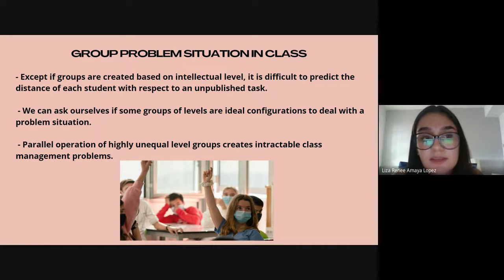We can also ask ourselves if groups of levels are ideal configurations to deal with the problem situation. And finally, parallel operation of highly unequal level groups creates intractable class management problems.